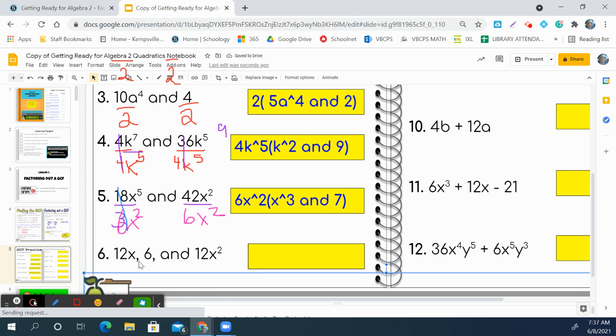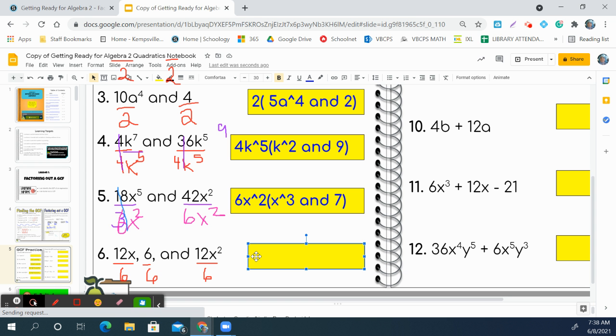What about 12x to the 6th and 12x squared? So divide by 12x. What about the 6? Just 6. Can I do a variable? You cannot.